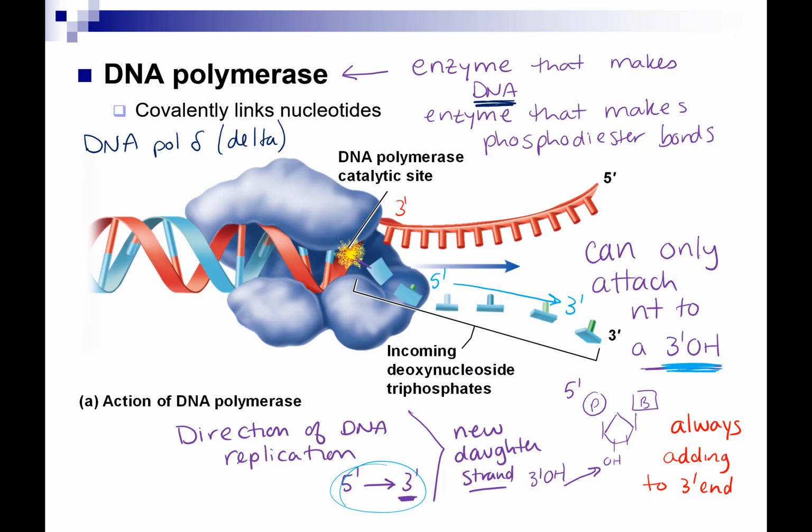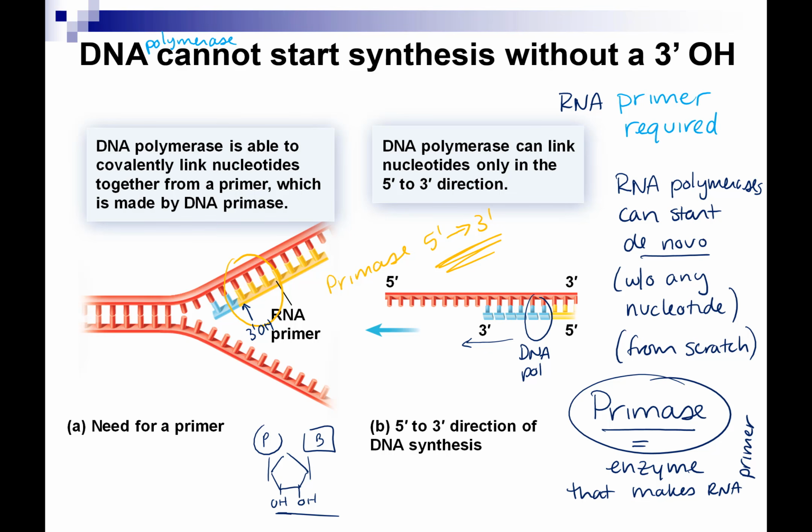So if you see this little squiggly guy, delta, that is the main replication enzyme. So we now know that you have to have an RNA primer before DNA polymerase can start.